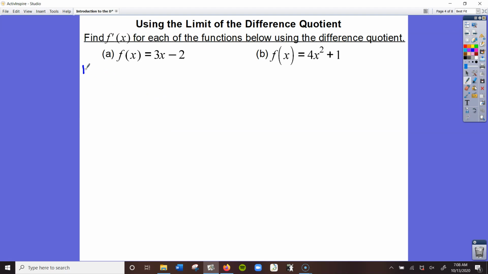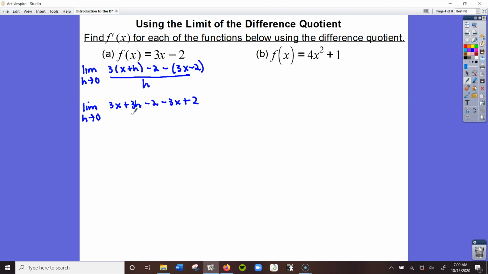We're going to find the limit as h is approaching 0 of f of x plus h, so that's 3 times x plus h minus 2, minus all of f of x, which is 3x minus 2, all over h. Now we can just distribute the 3, and that would give me 3x plus 3h minus 2 minus 3x plus 2, all over h.